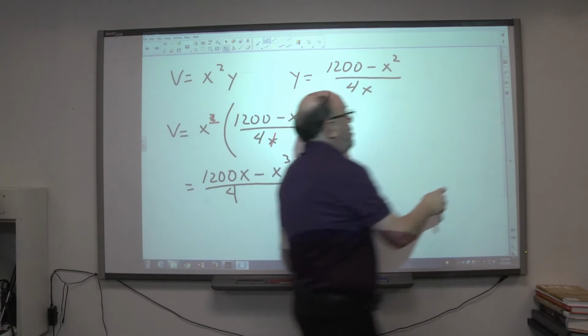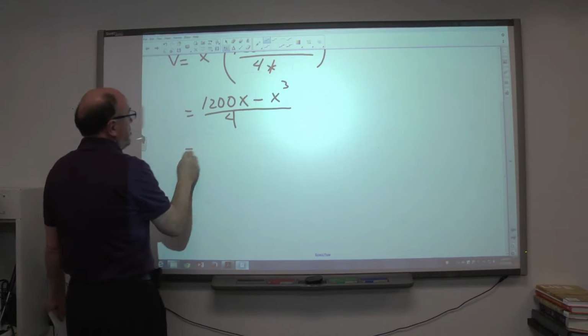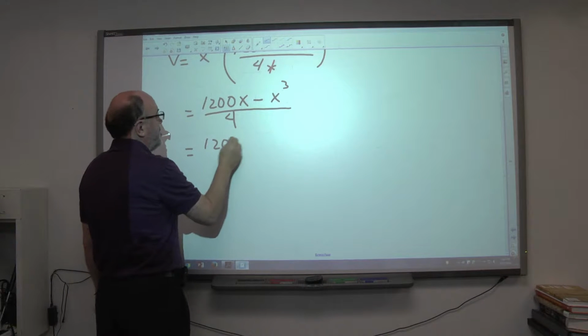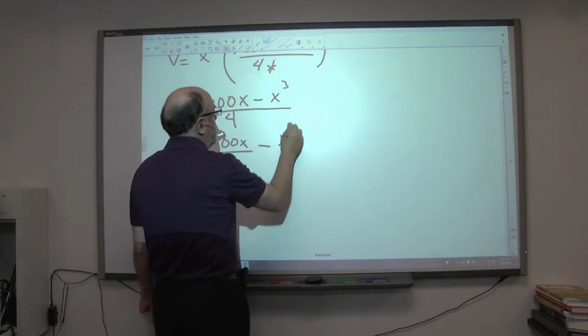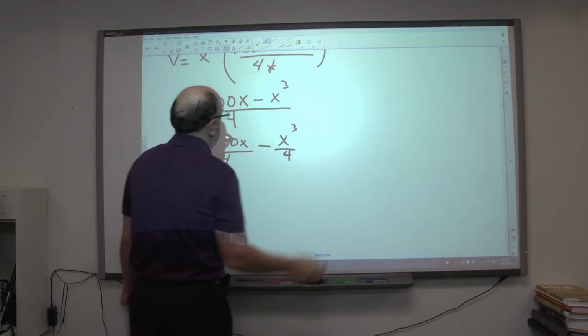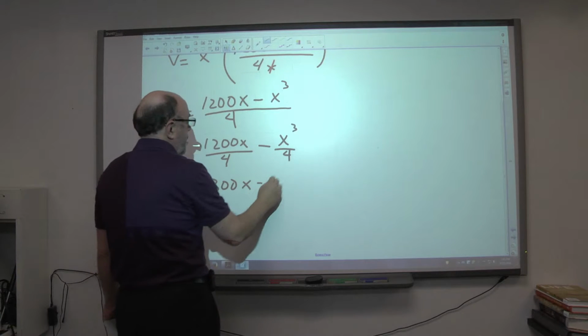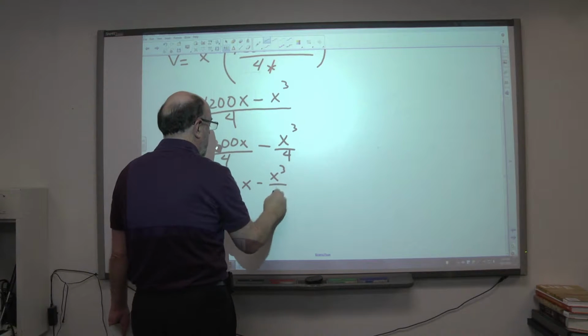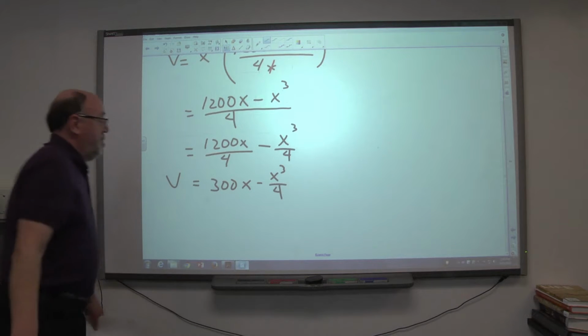We can also re-look at this and simplify this a little bit. This is the same thing as saying 1200x over 4 minus x cubed over 4. So this will be 300x minus x cubed over 4 is volume.